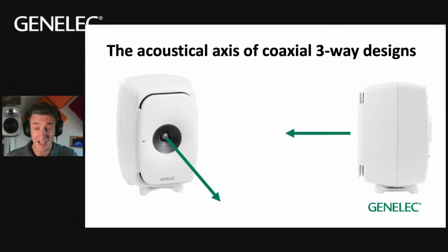And then, of course, we have coaxial designs, which are point sources, like the ones models, where you can see we have the tweeter in the middle, and then we have, without any gaps, the mid-range driver, and we have two oval woofers behind these openings here. And it's very easy with the ones because it's just the center. So the center of the tweeter is the acoustical axis.